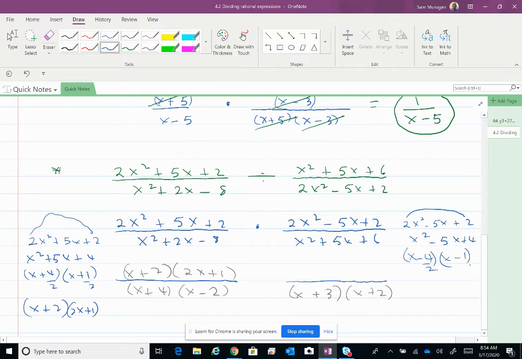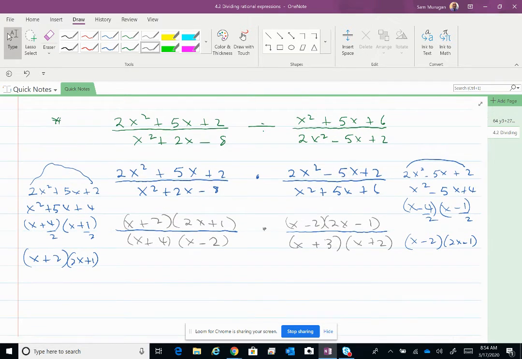And then divide everything by 2 to give x minus 2, 2x minus 1. Go ahead and write that in here. x minus 2, 2x minus 1. Change the sign to multiply.